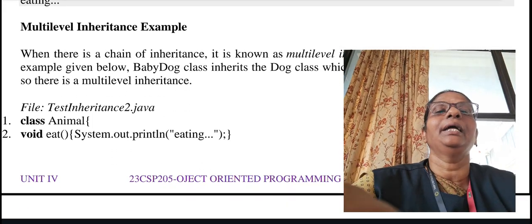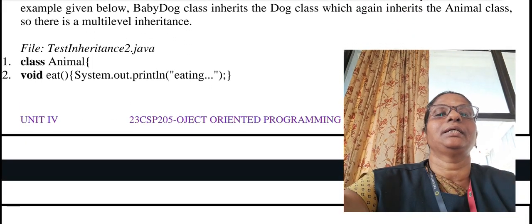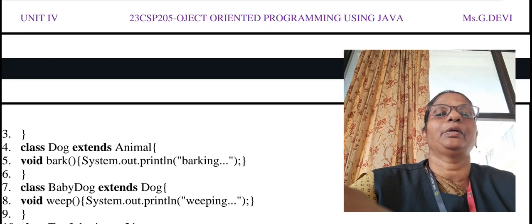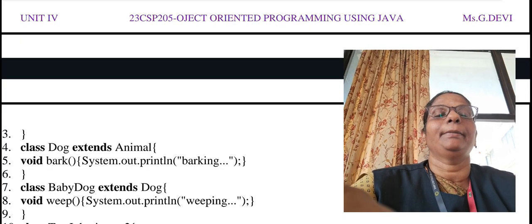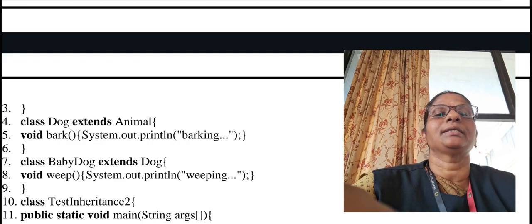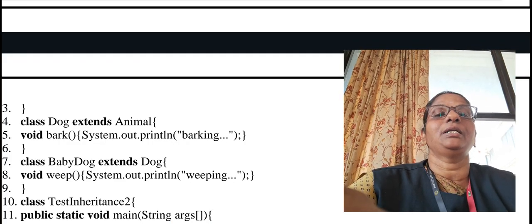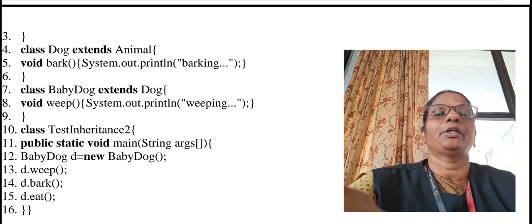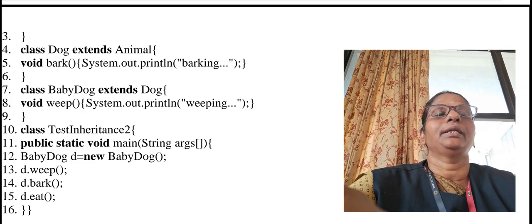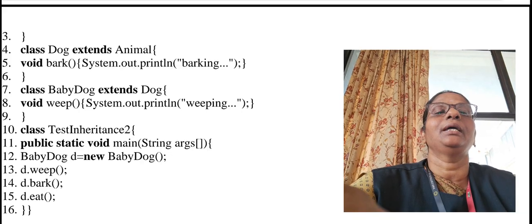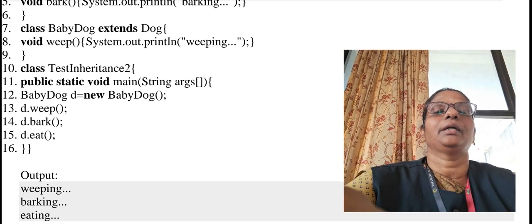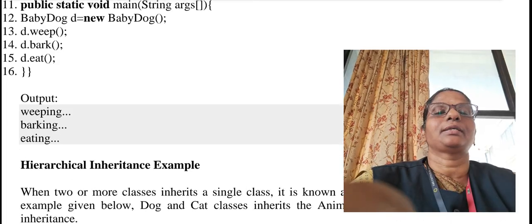Here we create a class Animal with an eating habit, the eat method, which is inherited by all the derived classes. Dog is an extension of Animal, and BabyDog is an extension of Dog. Through the object we can call the methods eat, bark and weep. So Animal is the class, Dog extends it, and BabyDog is a subclass. We can create a new object and use those methods to access and get the output.